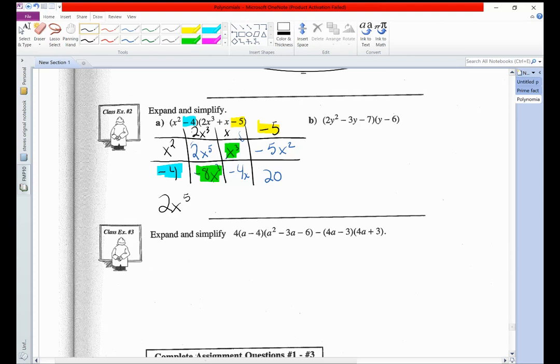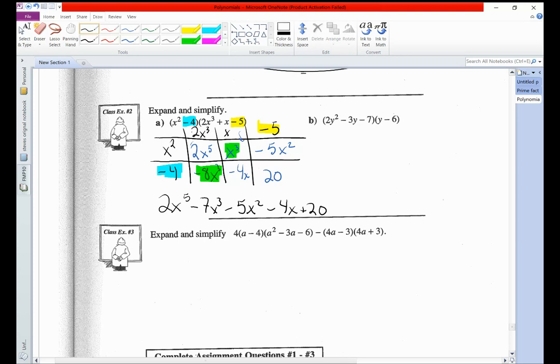And then I'm going to combine the terms highlighted in green right away. So I have negative x to the power of 3 and a positive 1x to the power of 3. So that gives me negative 7x to the power of 3. And then I have negative 5x to the power of 2 minus 4x plus 20.